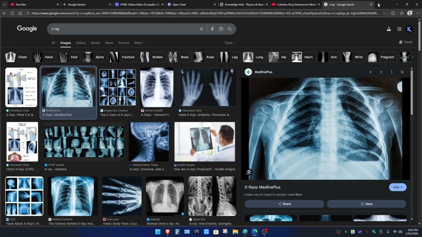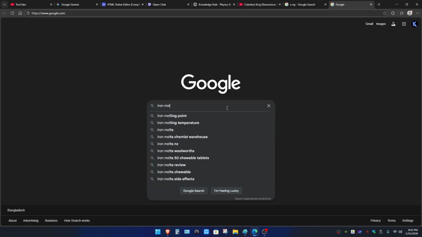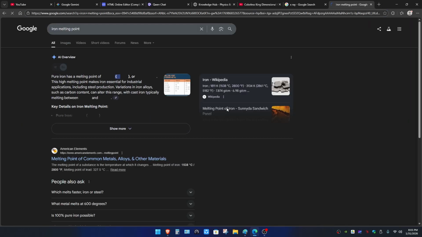Let's say I will be writing here: iron melting point. So iron melts at about 1538 degrees Celsius. If iron melts at 1538 Celsius, what does it mean?